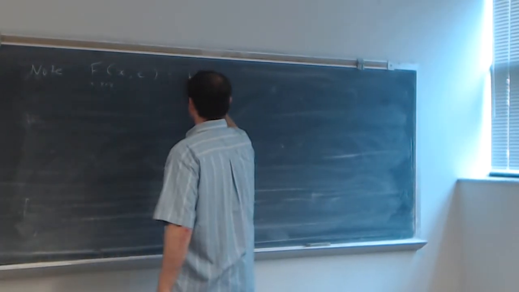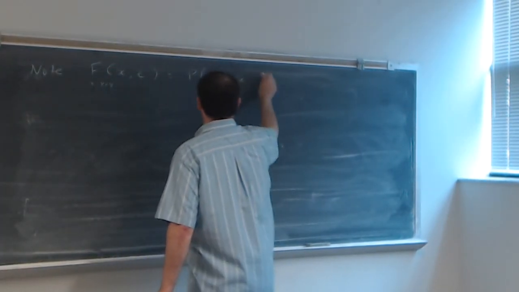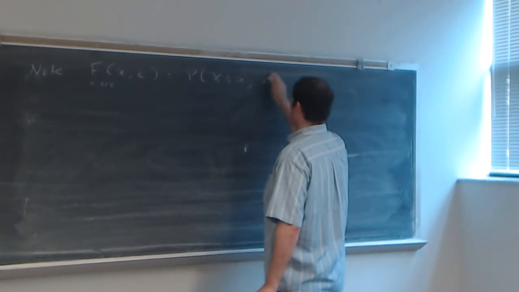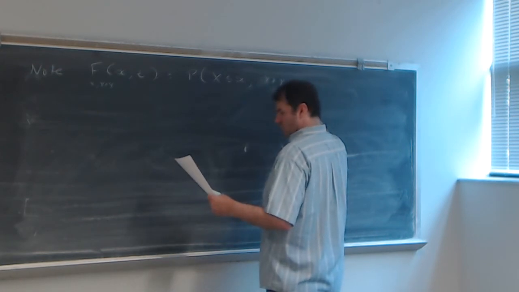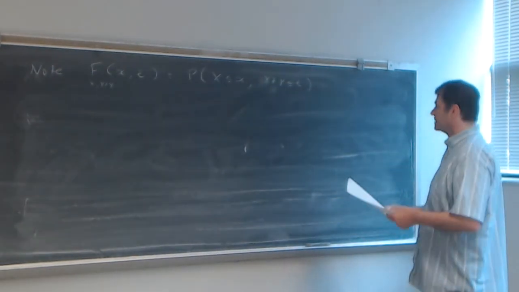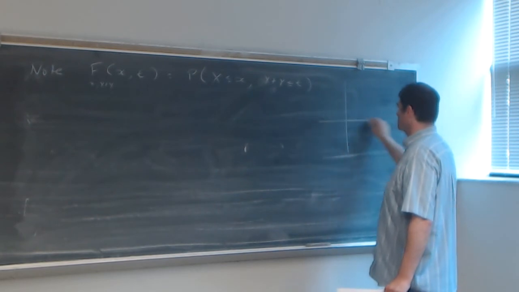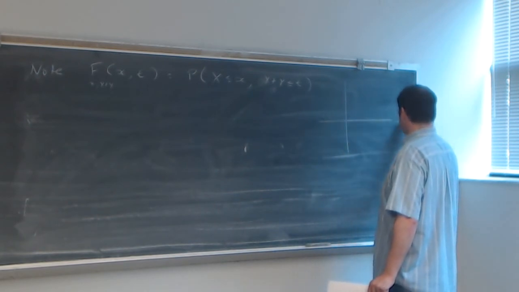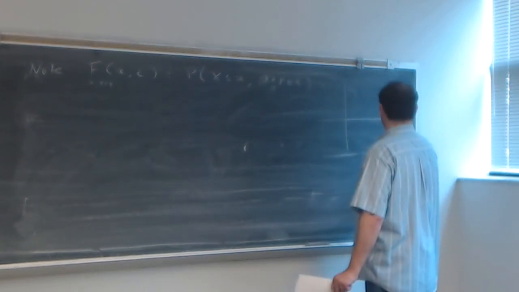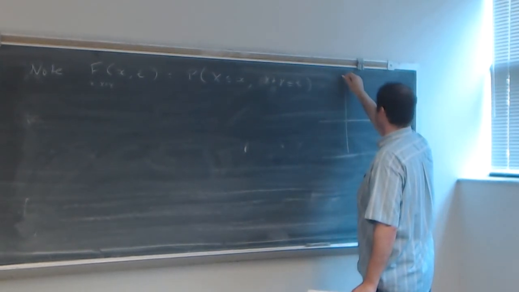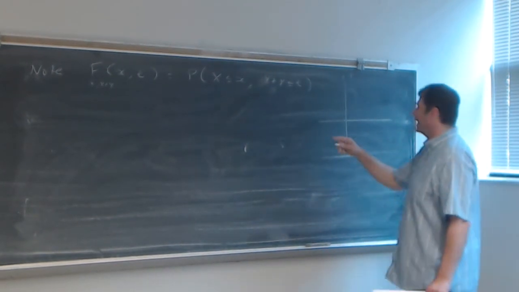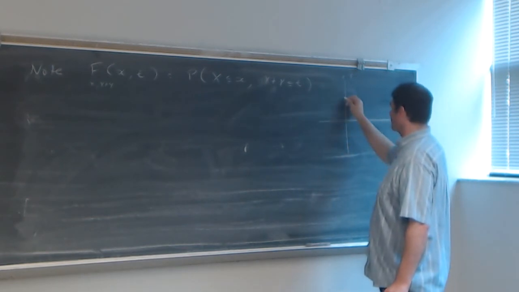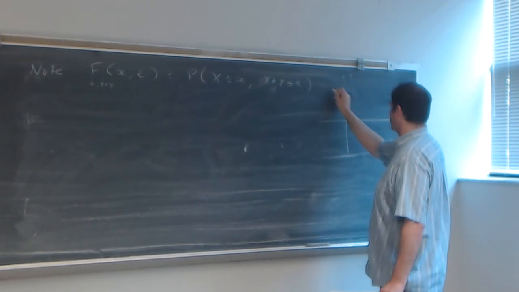This is the probability that x is less than or equal to x, and x plus y is less than or equal to t. And in terms of a picture, if I call this u, which is really representing the variable x, and this is v, which really represents the variable y, then x plus y equal to t. So if this was t and this was t, you'd have this line.